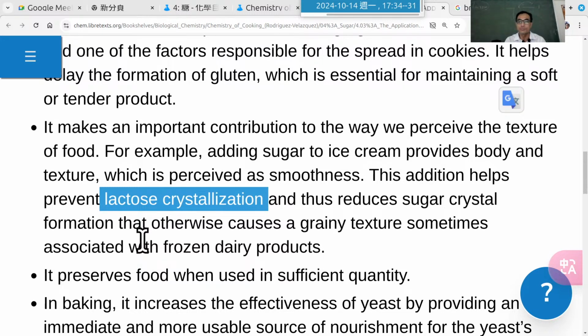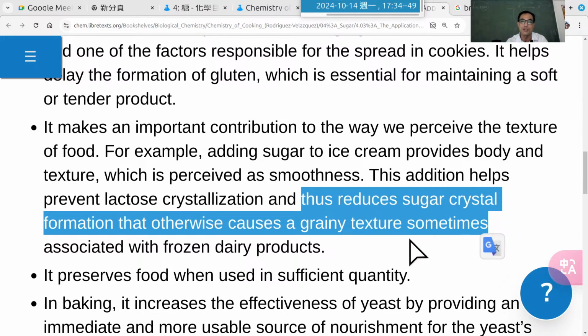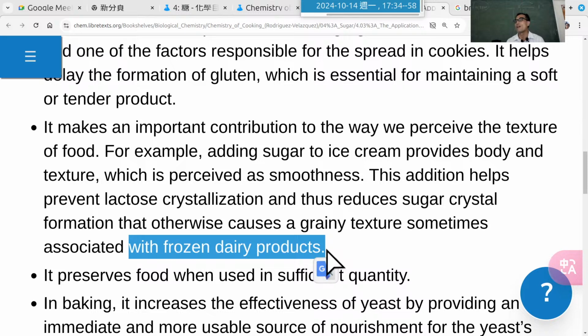But during the process, you may eat a little bit of small crystals; that is lactose. Adding sugar may prevent lactose crystallization and thus reduces crystal formation, which otherwise causes a grainy texture sometimes associated with frozen dairy product. Okay, that is another contribution, especially in ice cream.